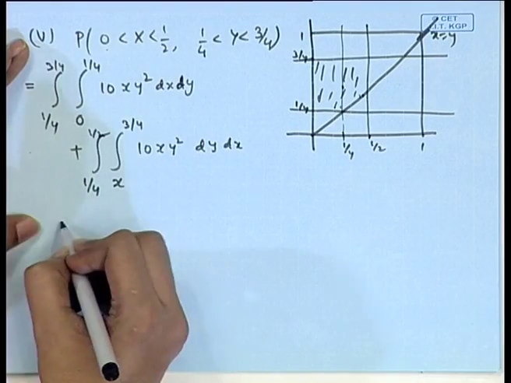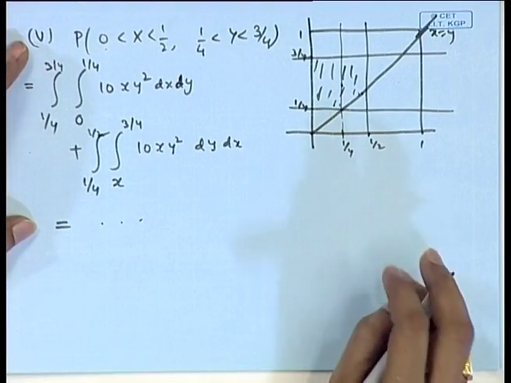So, this integral can be evaluated. So, this way the questions regarding the joint probabilities of x y, the marginal probabilities of x and y, or the conditional probabilities of x given some value of y or y given some value of x can be determined from the joint distributions.